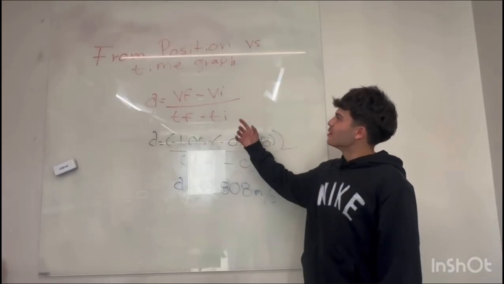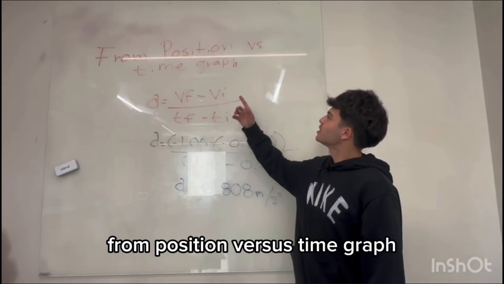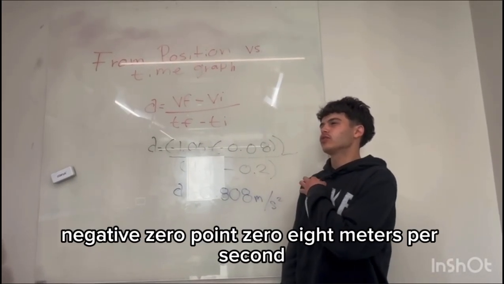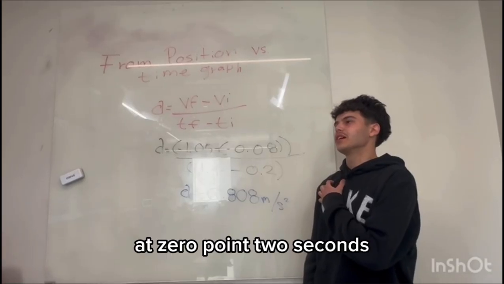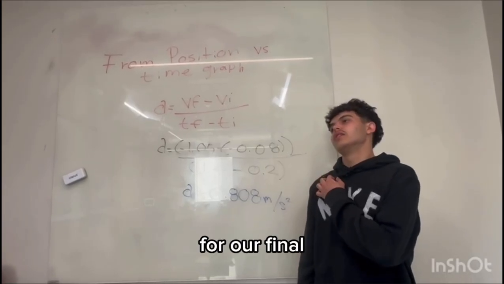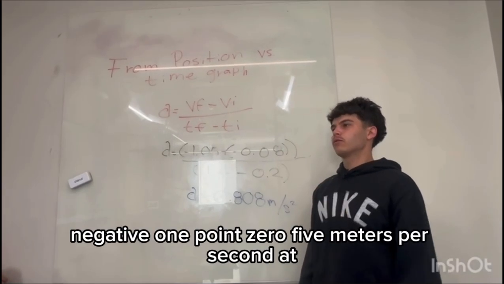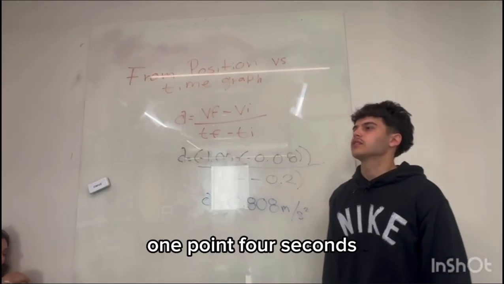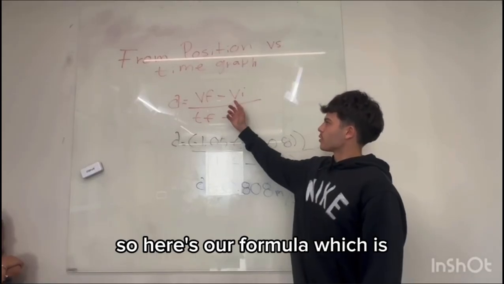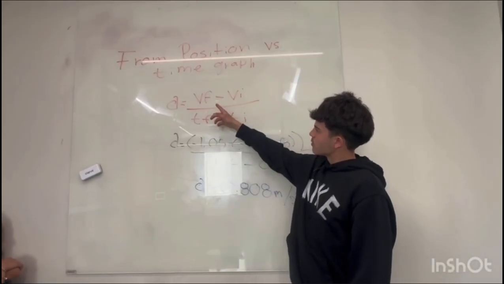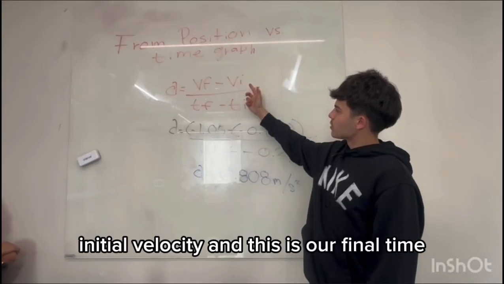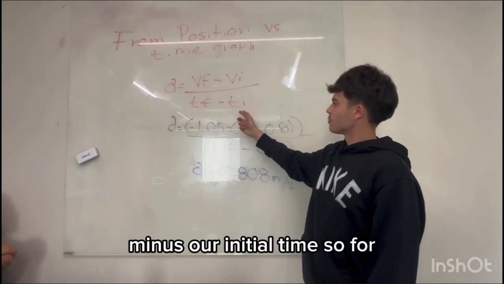So this is our method 1, from the position versus time graph. For initial velocity, we had negative 0.08 meters per second at 0.2 seconds. For our final velocity, we had negative 1.05 meters per second at 1.4 seconds. Here's our formula: final velocity minus initial velocity, divided by final time minus initial time.